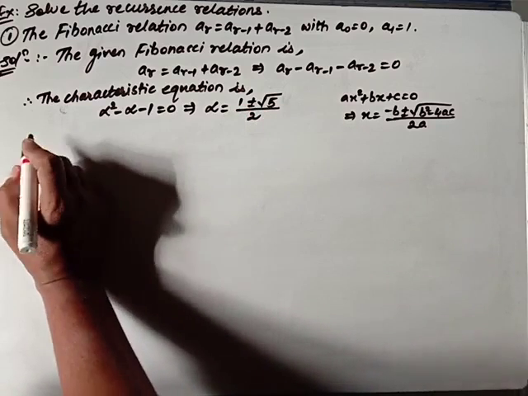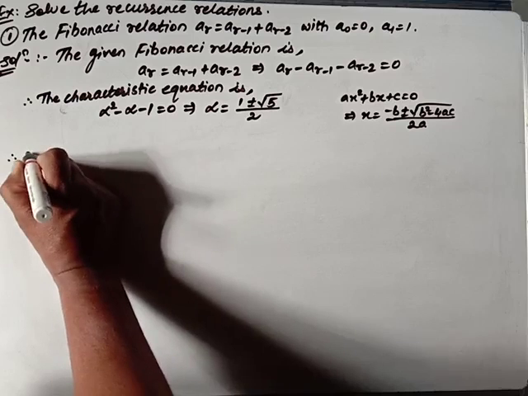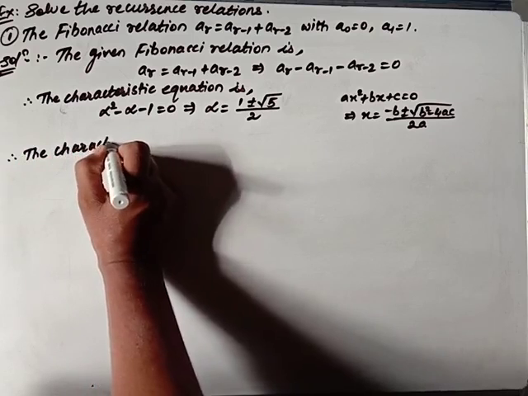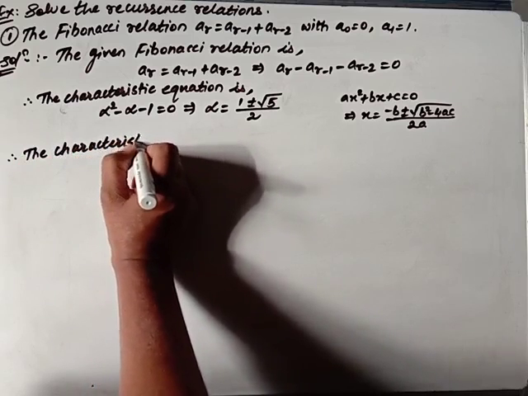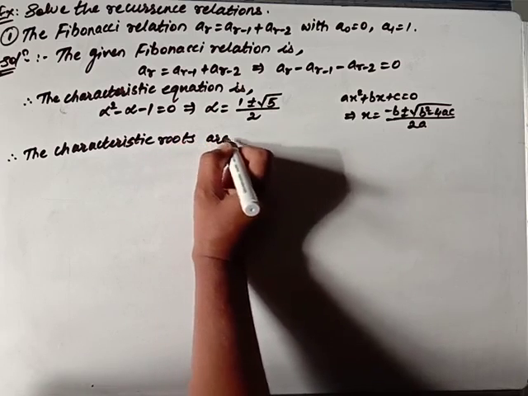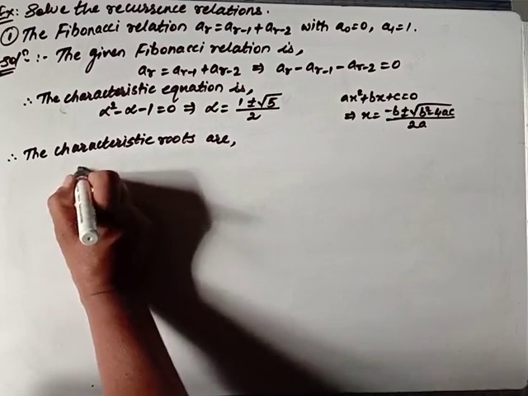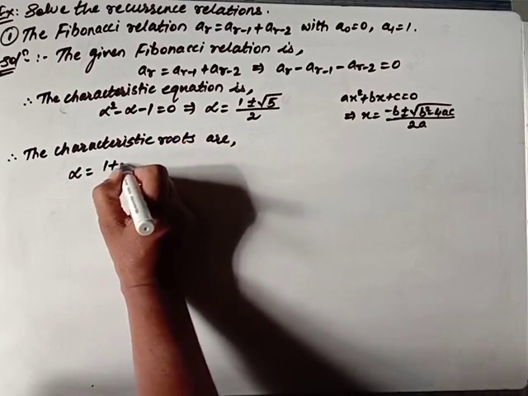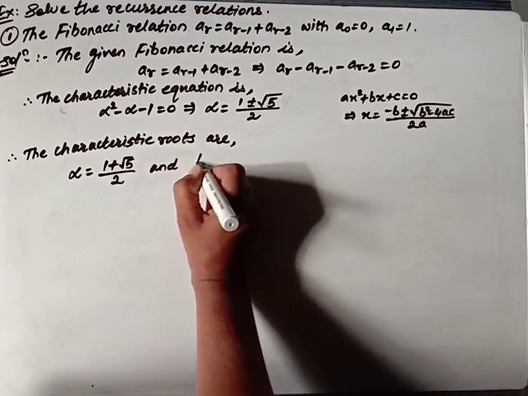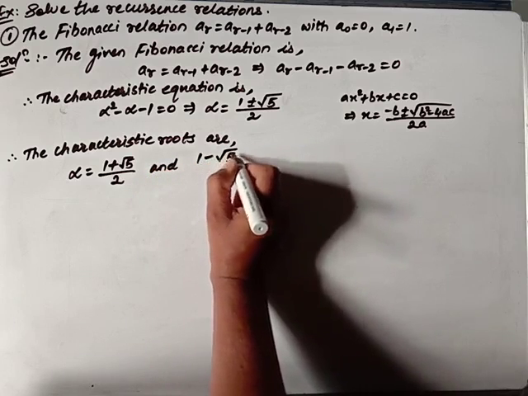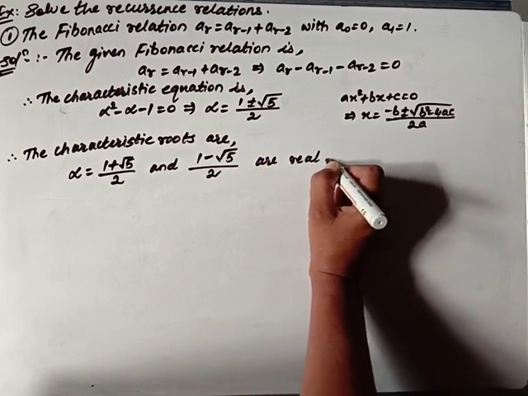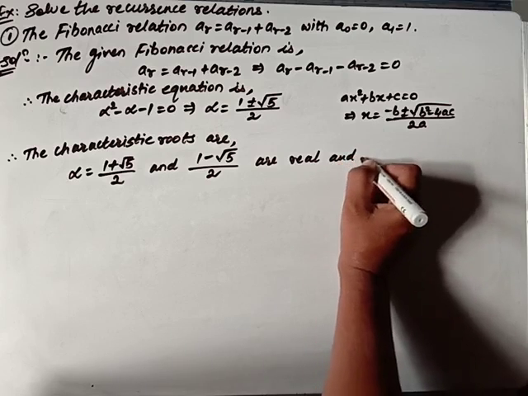These are distinct. Therefore, the characteristic roots alpha equal to 1 plus root 5 by 2 and 1 minus root 5 by 2 are real and distinct.